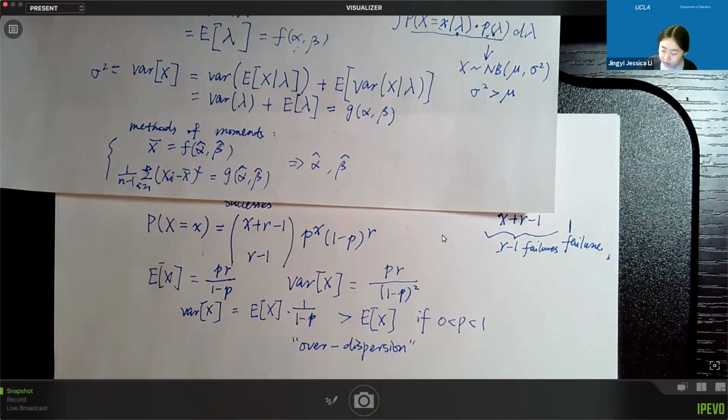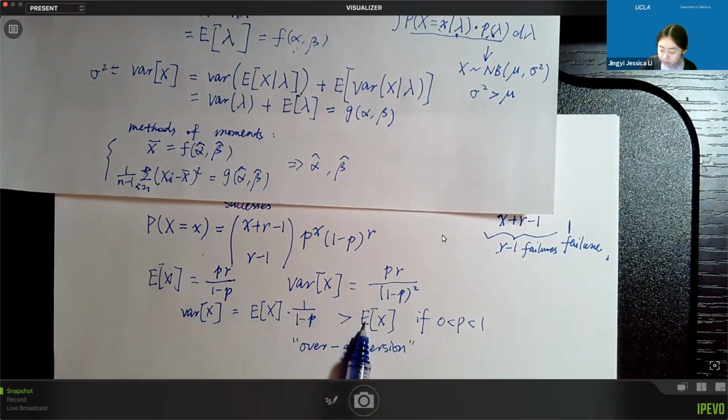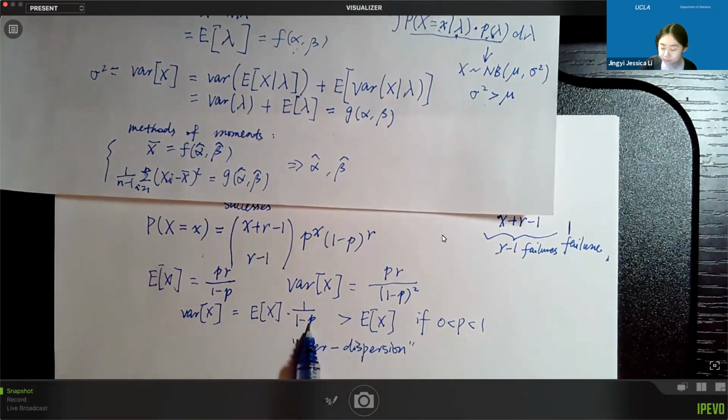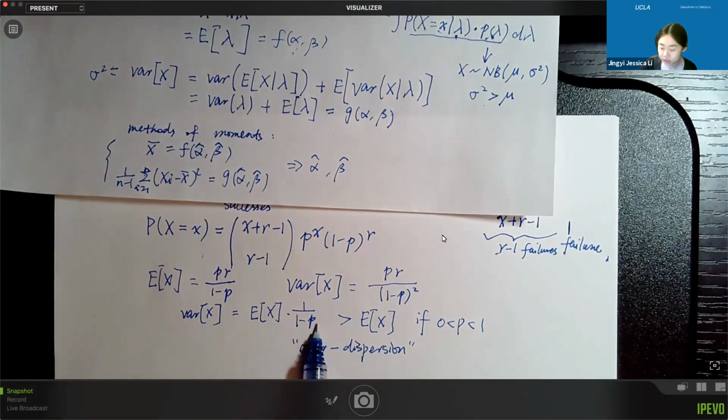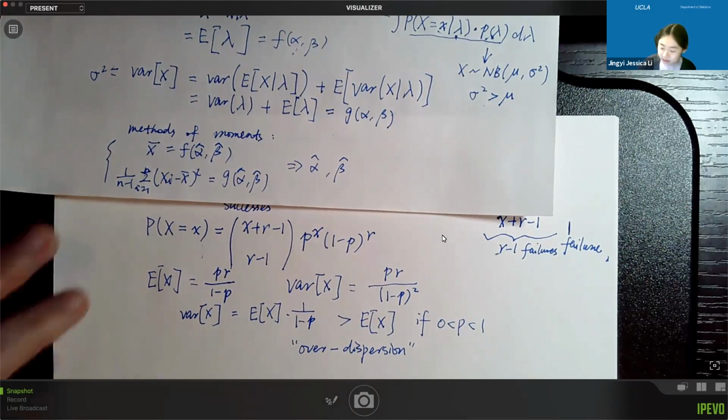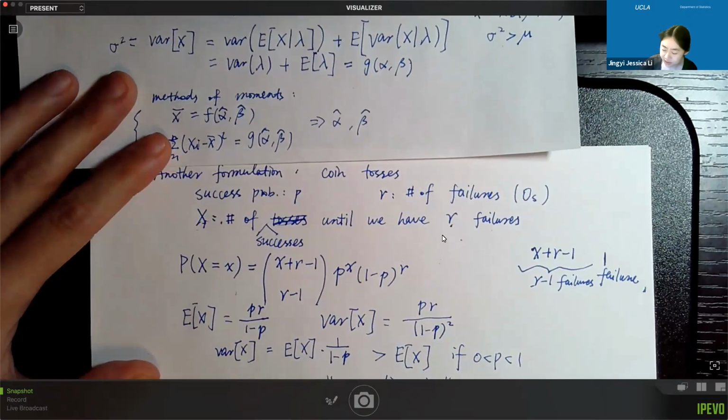This also tells you under which case we have variance equal to the mean. That will be when this ratio is equal to 1, and that is when P equals 0. When P equals 0, it means that we will never have a failure, right?